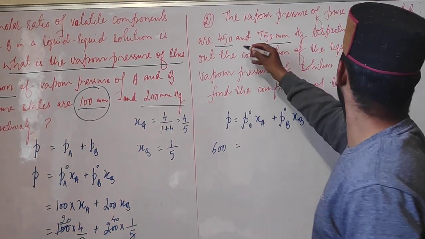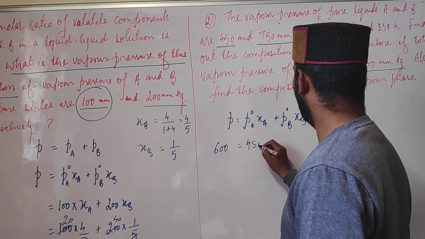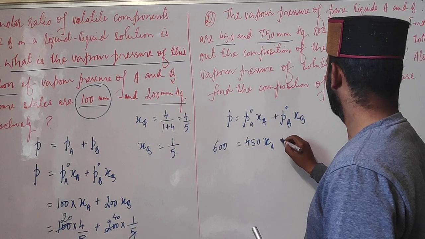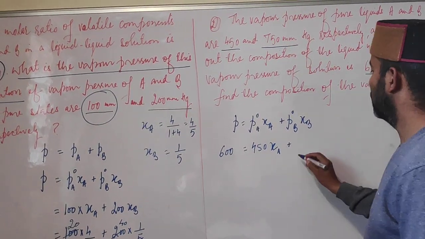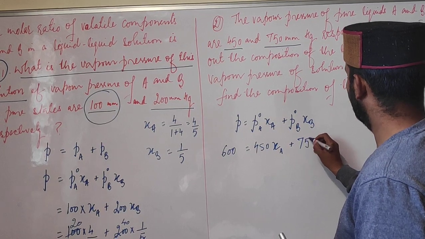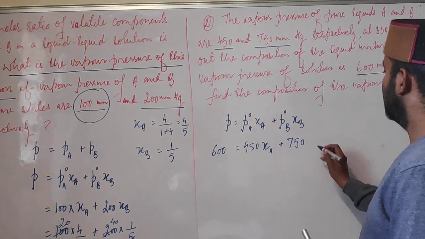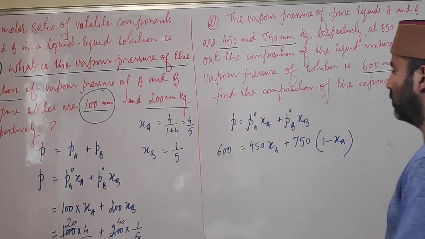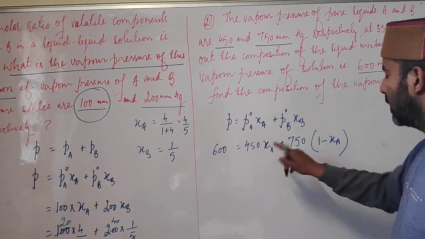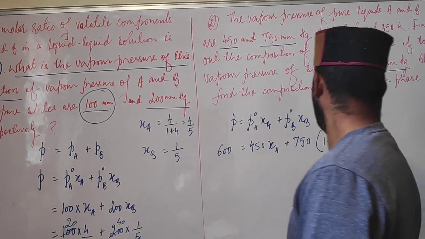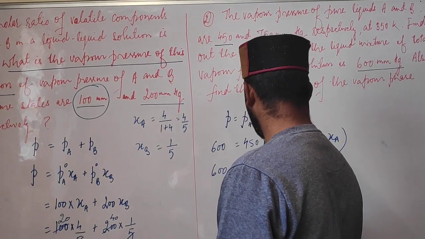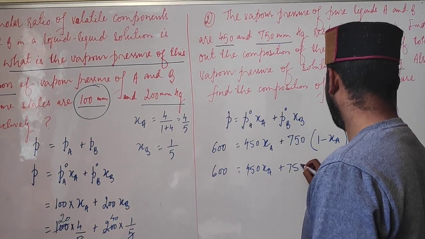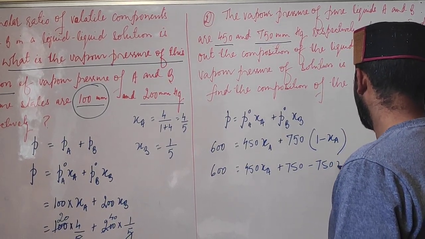Pure A is 450 and mole fraction of A is x A. We have a second component whose vapor pressure in pure state is 750, and x B can be written as 1 minus x A. We can relate total pressure to any of the components, so here I am relating it to one of them. Now, 600 equals 450 x A plus 750 minus 750 x A.